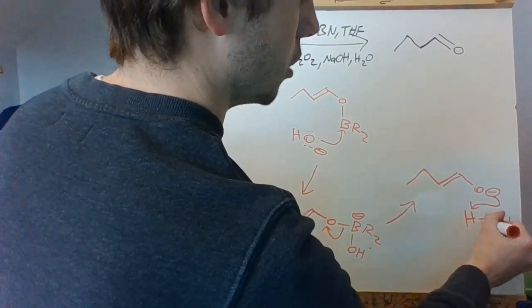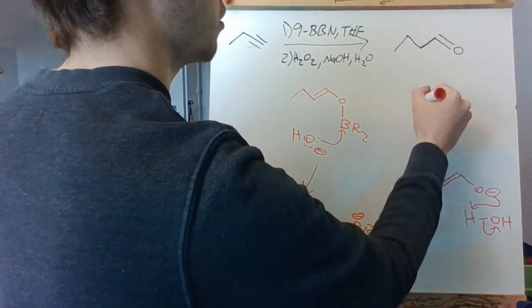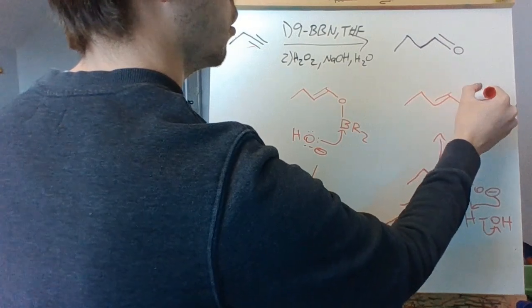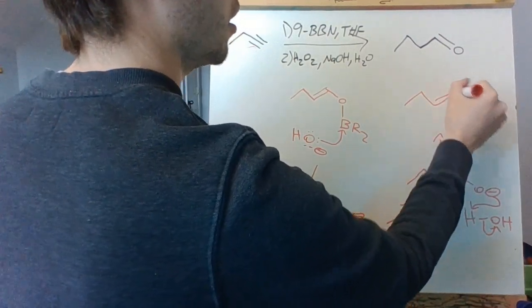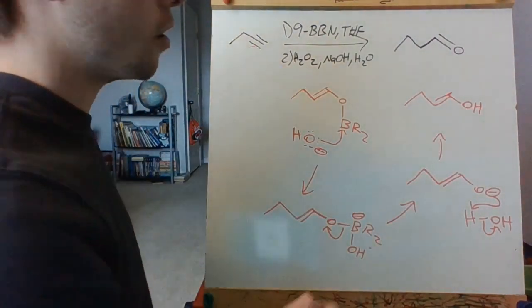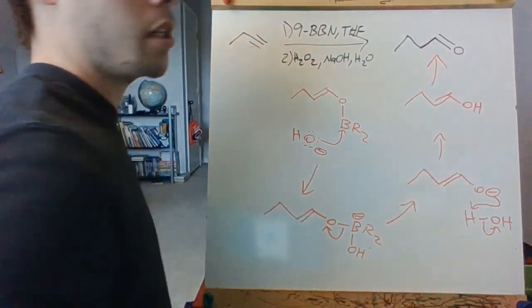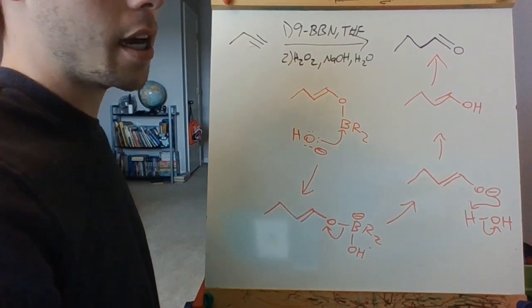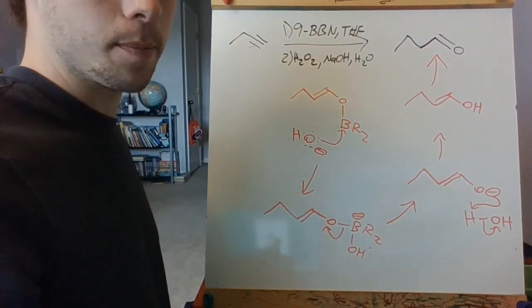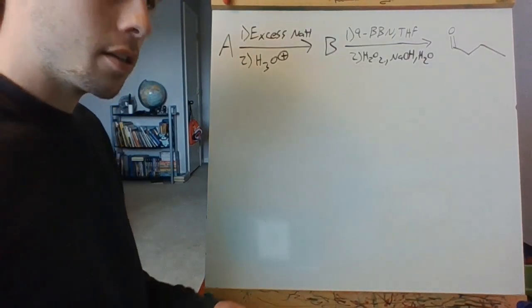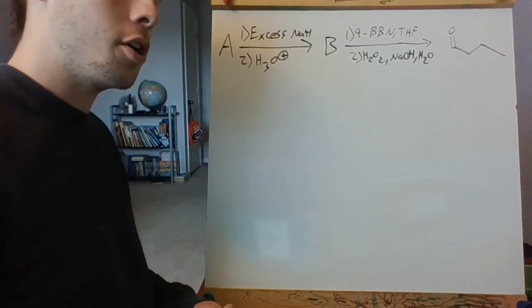So proton transfer to get us to here. Remember that this is an enol, so we have an alkene attached to an alcohol, and this rapidly tautomerizes into the aldehyde.